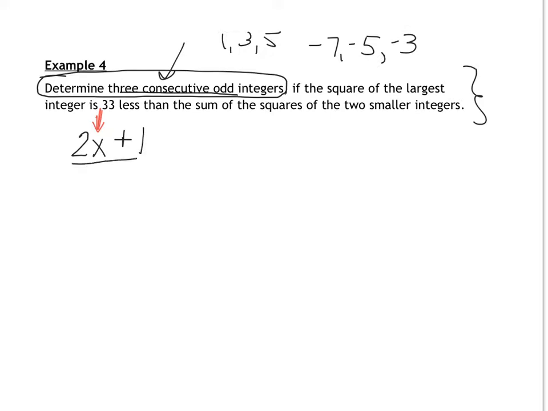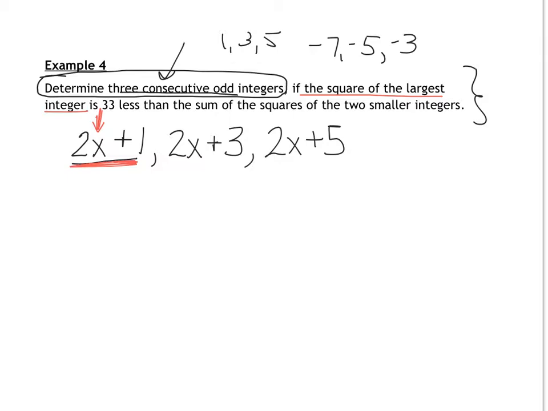So there's my first odd number. My second odd number will be 2 bigger than this number, so I'm going to add 3 this time. And my third odd number will be 2 more than that, which means I'm going to add 5 to my original. Now, I have to put that into this criteria.